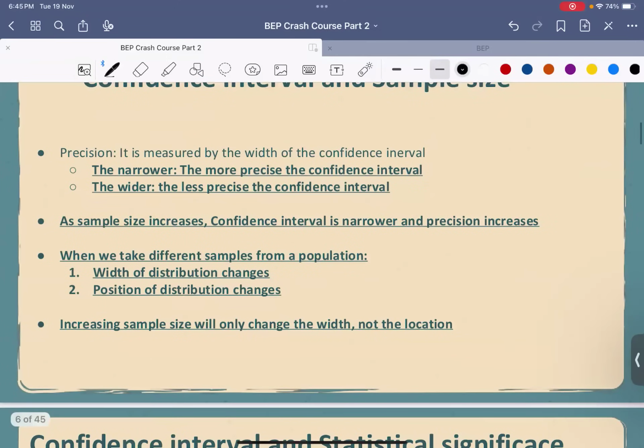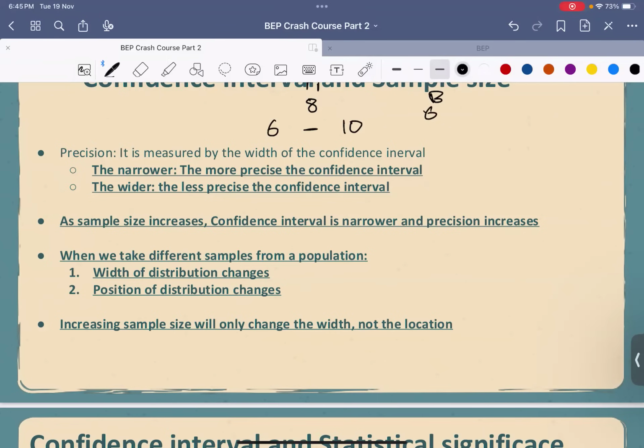Now, let's say we took sample A, okay, and their mean was 8, and their confidence interval was 6 to 10, okay? So this is the confidence interval, 6 to 10. Now, sample B, another sample, a totally different sample, their mean will be something different, okay?